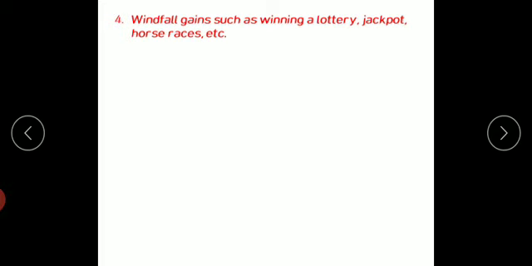Now, windfall gains such as winning a lottery, jackpot, horse races, all these things. Suppose a person purchases a lottery ticket by paying 50 rupees, and by luck he wins the first prize of 1 lakh rupees.